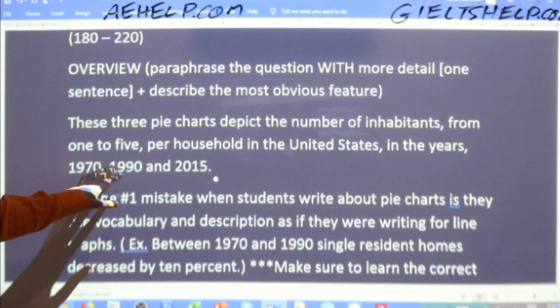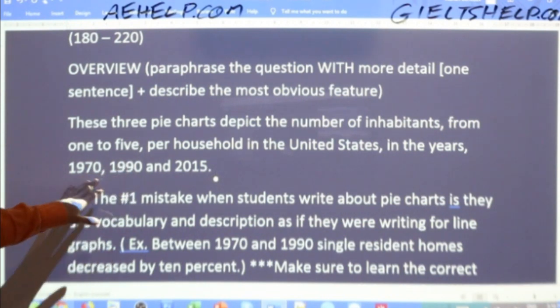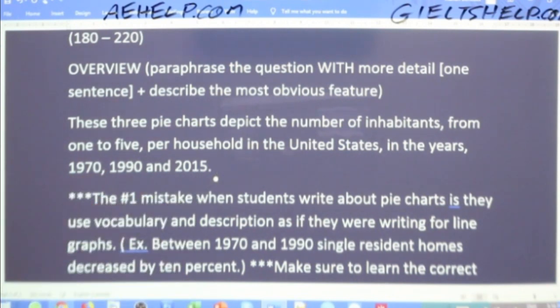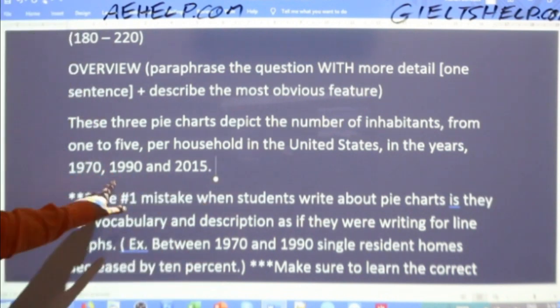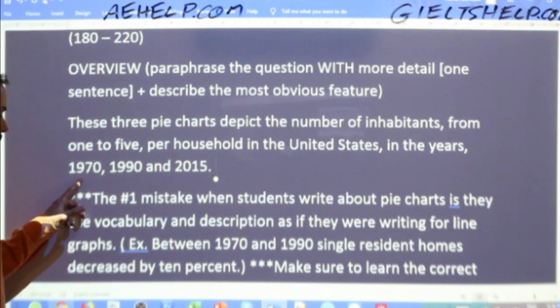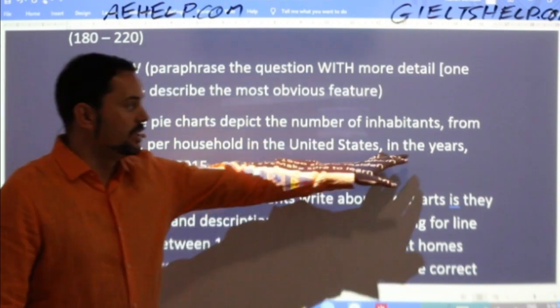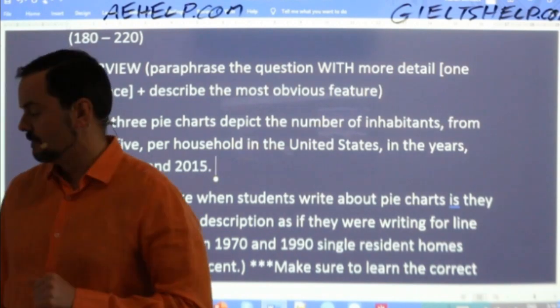Now, this is where many students make their first mistake, writing like a line graph. They'll go from 1970 to 2015. No, we don't have all of that data. We only have 3 years, okay? So it's not from 1970 to 2015. It's in the years 1970, 90, and 2015.